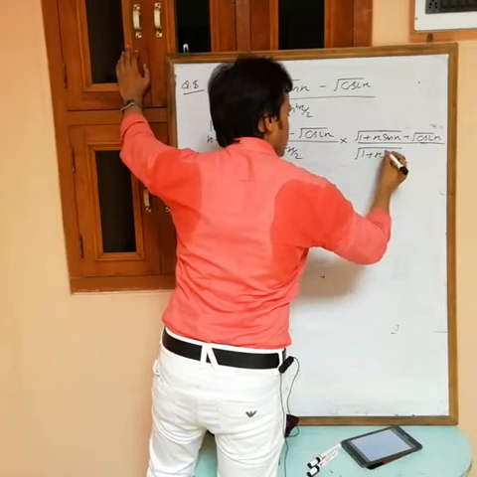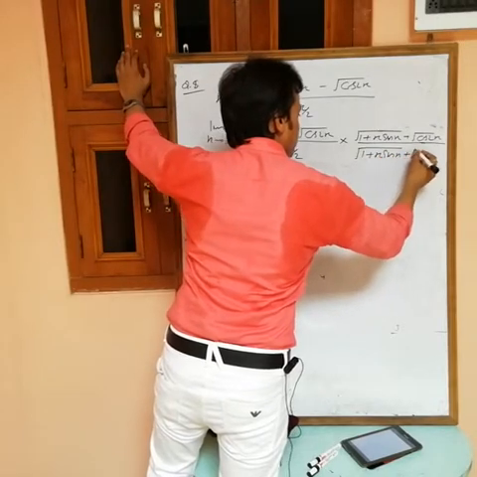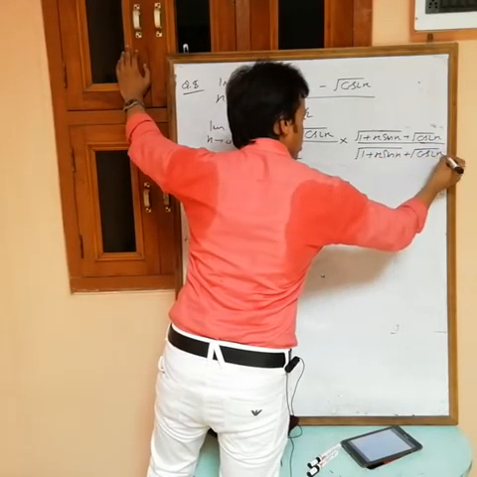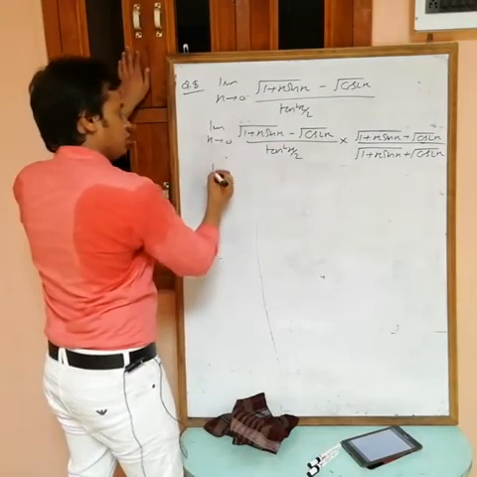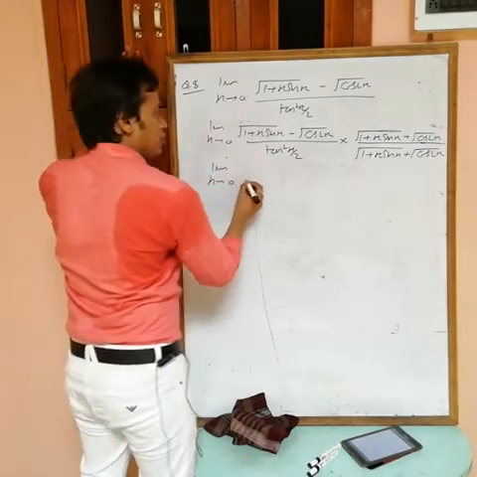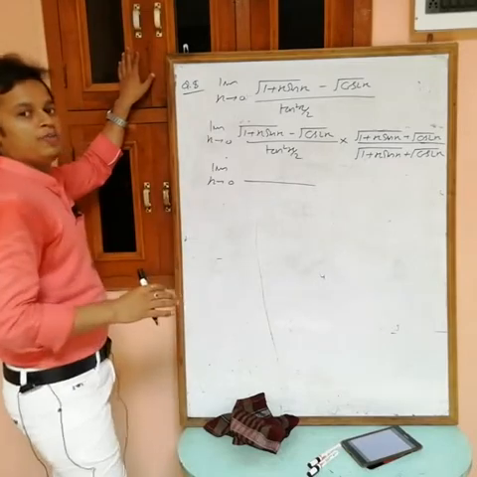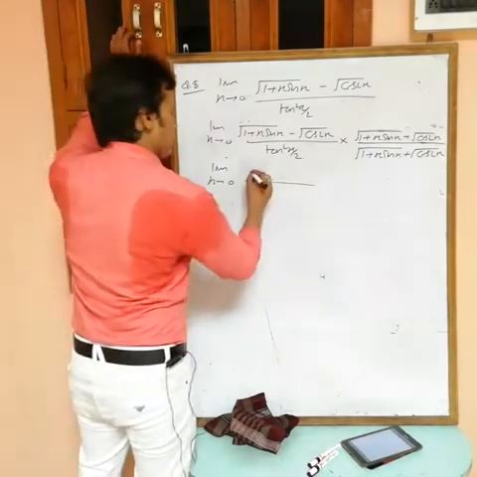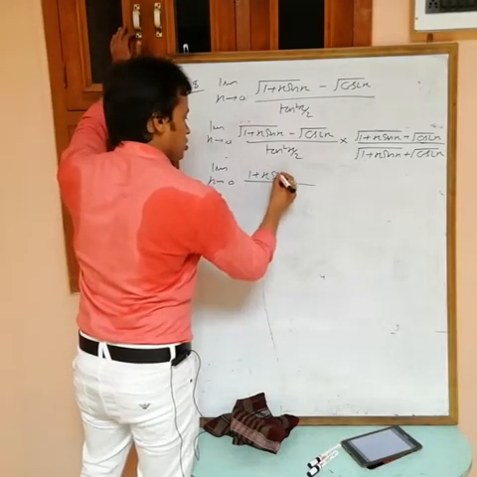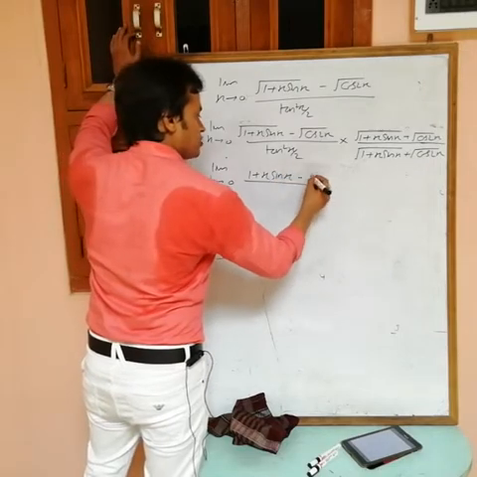Root 1 plus x sin x plus root over cos 2x. Limit x tending to 0. Now if you multiply a minus b into a plus b, a square minus b square, a square is 1 plus x sin x minus b square is cos 2x.